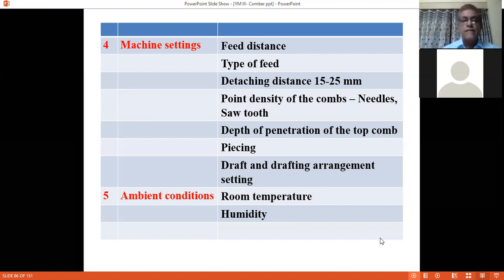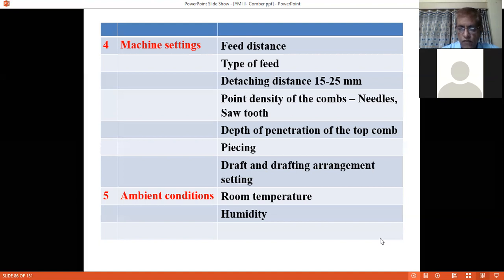Second point is type of feed. Type of feed, as we know, is of two types, counter feed and concurrent feed. So for the same type of cotton, if we have counter feed, we will have more noil percentage as compared to concurrent feed.